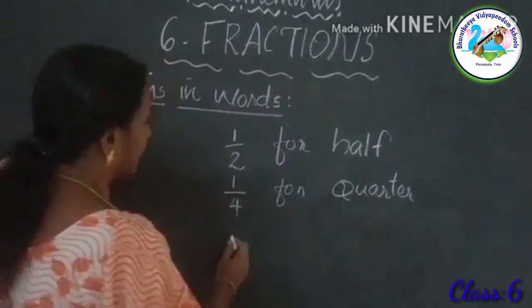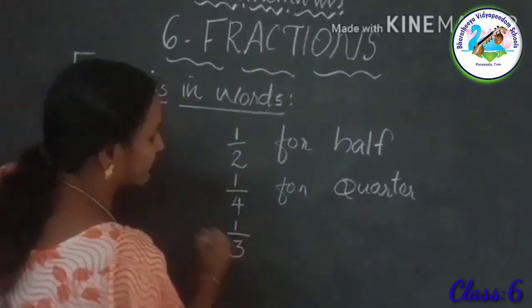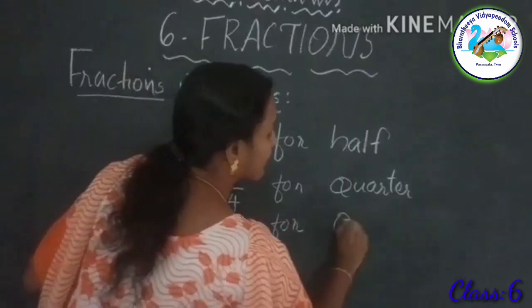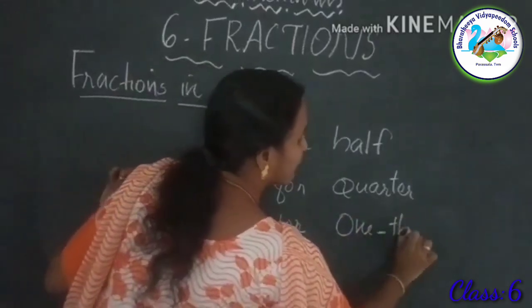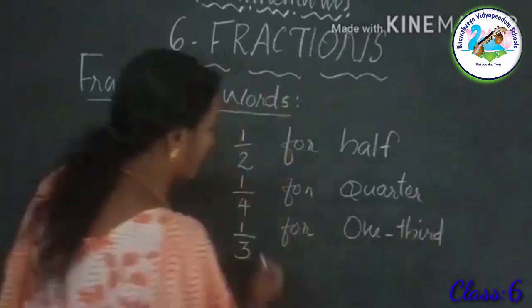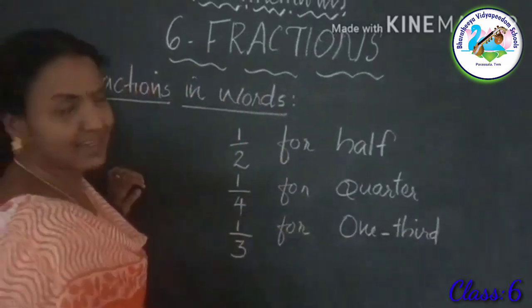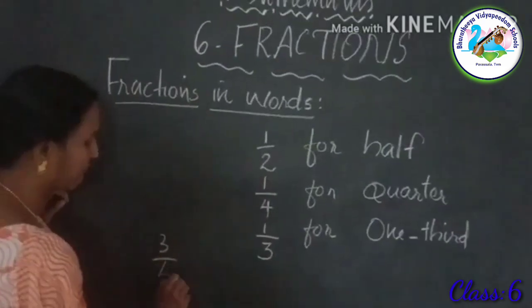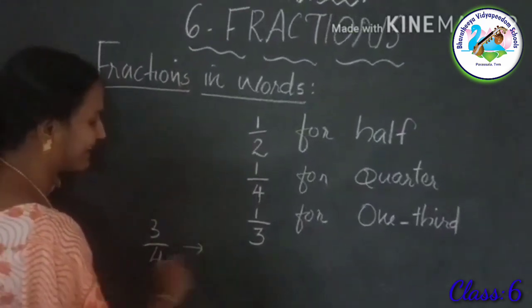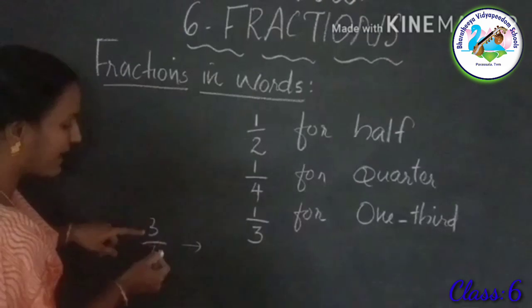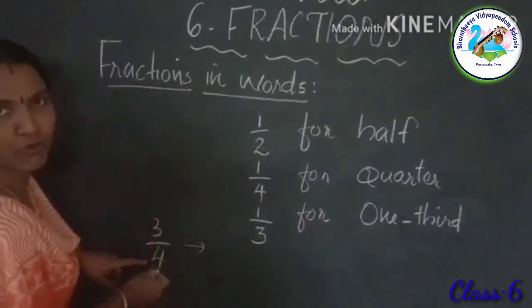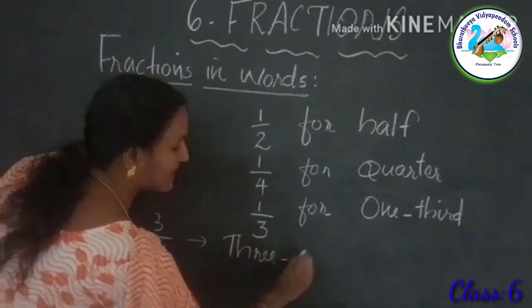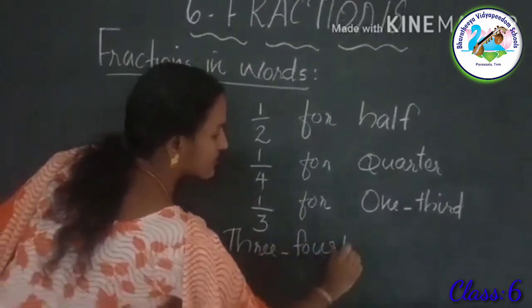Then 1 by 3 is one third. So in general, 3 by 4 is read as three fourths.